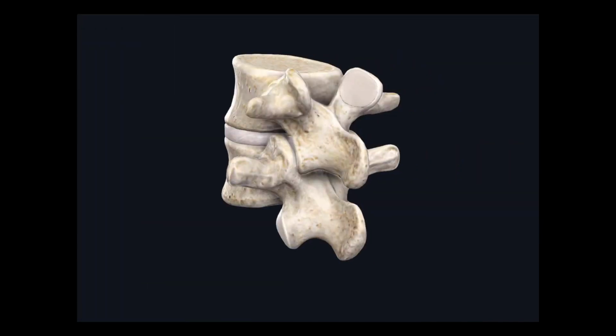Right here we have two vertebrae, and each vertebra has a significant amount of synovial joints articulating with it. The first set of joints that I want to show you are located between the superior and the inferior articular processes of a vertebra. Located here, and here, and here, and here, and here, and on the other side as well.